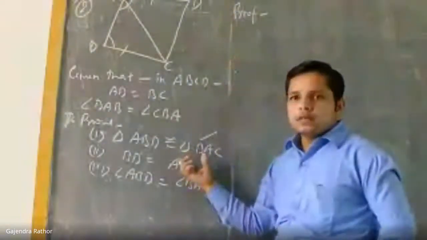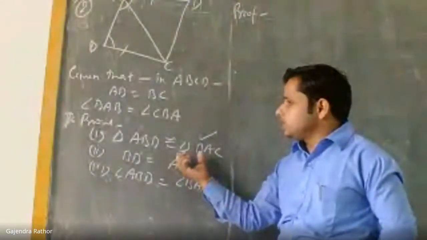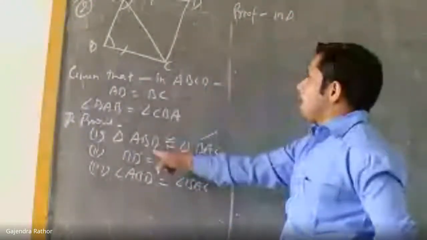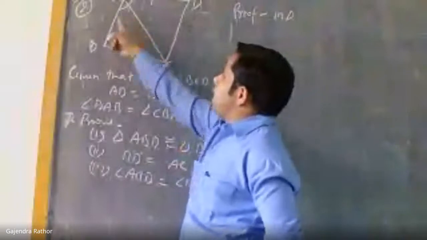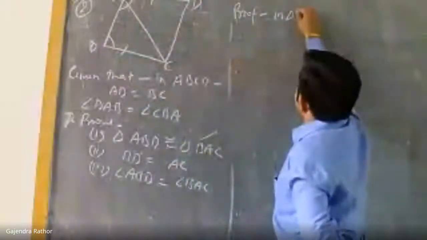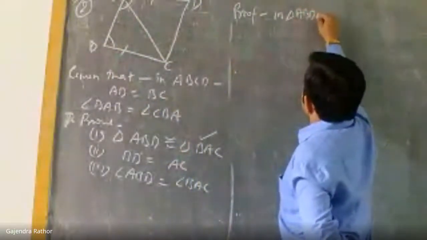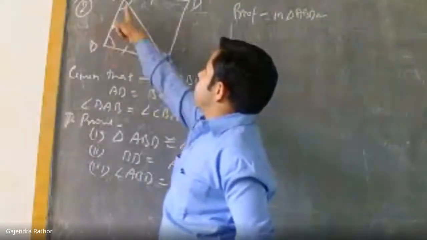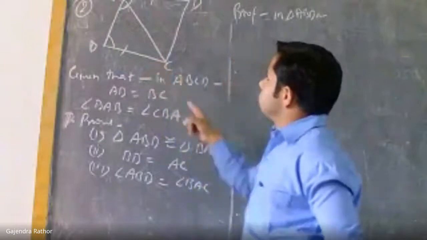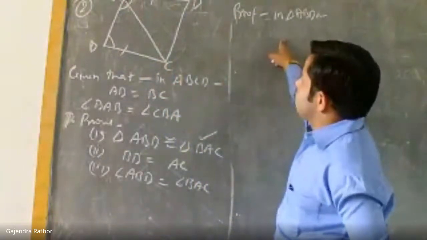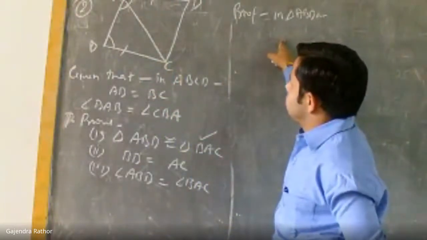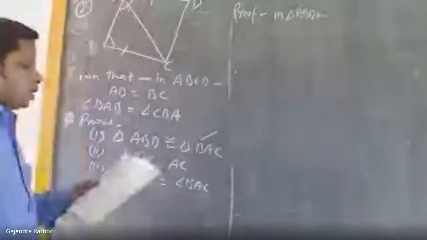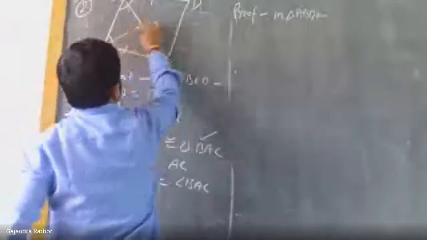Okay. First, we will discuss these 2 triangles. In triangle ABD and second, BAC. I think one more line I need to draw. This line.